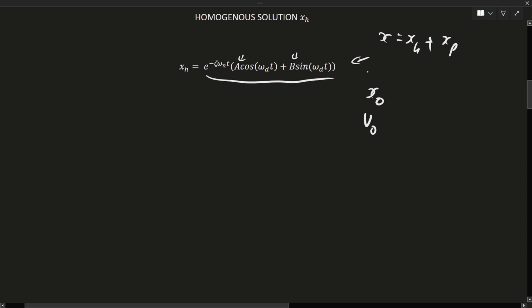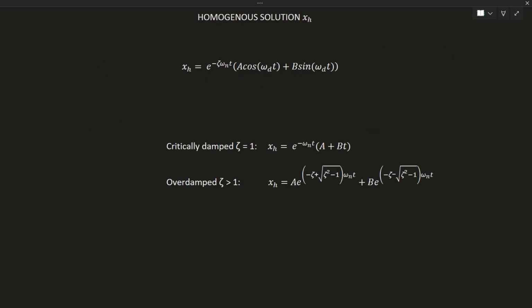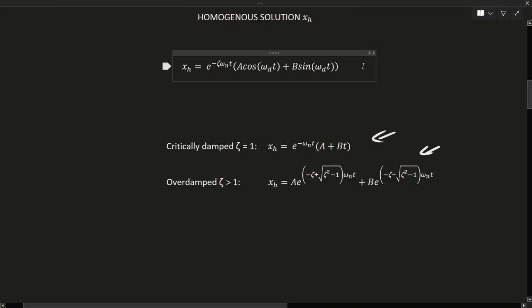But you can use this if the damping ratio is such that it's undamped or underdamped. Now, theoretically, if your system is critically damped or overdamped, you would have to use these equations. But in this chapter, I literally never saw these, so you don't need to worry about these equations.